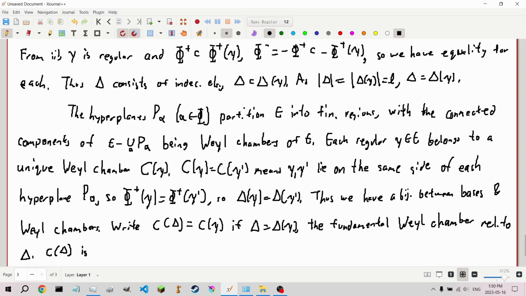The chamber of delta is the open convex set of all gamma in E such that the product of gamma and alpha is positive for all alpha in our basis.